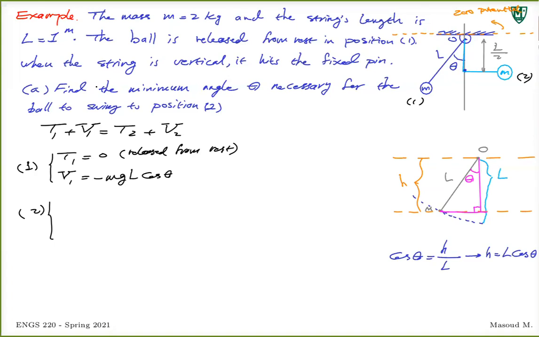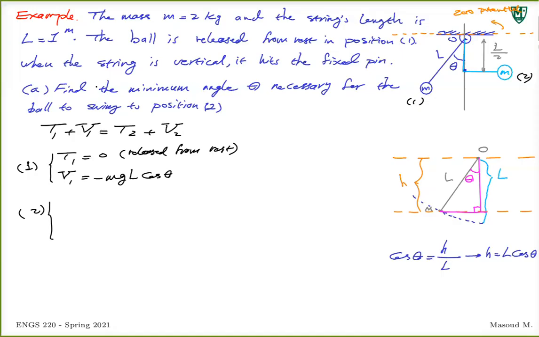Now, minimum means how far I can move this pendulum mass M from the vertical position. What's the minimum amount that I can move it away? How much is the minimum potential energy I can store into this pendulum by moving it away from the vertical position? Right? Increasing its height, so I'm storing potential energy in it. How much is the minimum amount for which this mass reaches position 2? I don't want it to pass position 2.